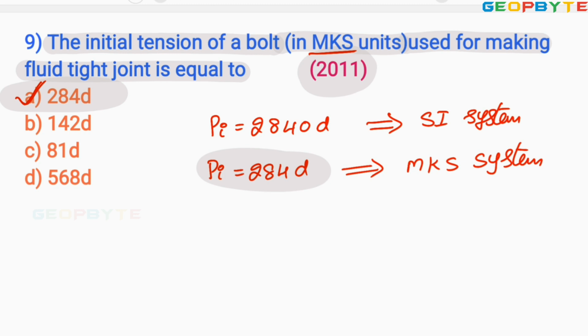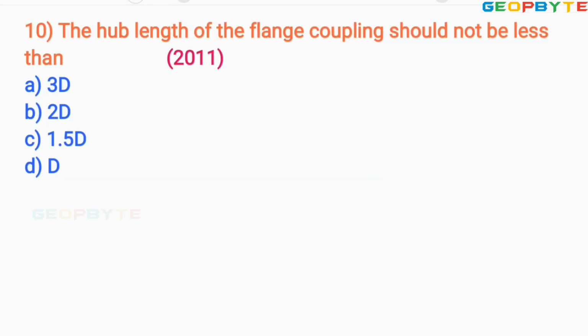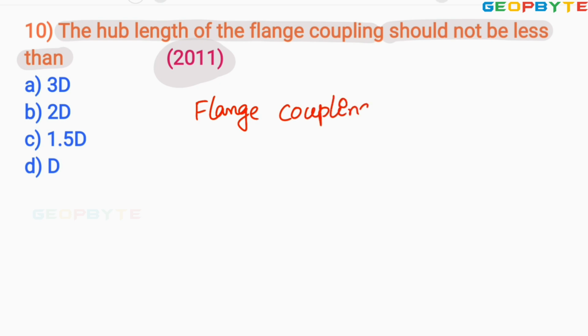Let us take the next problem. Look at the 10th problem asked in 2011. The hub length of the flange coupling should not be less than, dear friends, for the flange coupling, empirical relations.